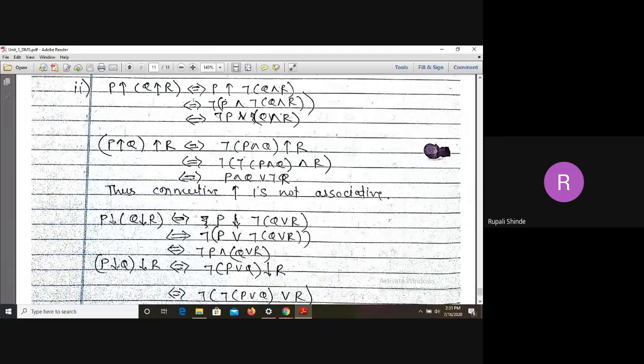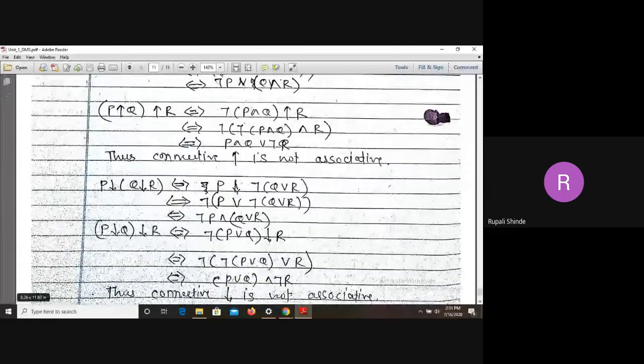The first term remains the same as P NOR. Now in the second step, we remove this NOR, so again, negation of (P or negation of (Q or R)). Now apply the negation to this bracket: the negation gets cancelled and the or becomes and, so negation P and (Q or R). This is the simplified form of the first formula.